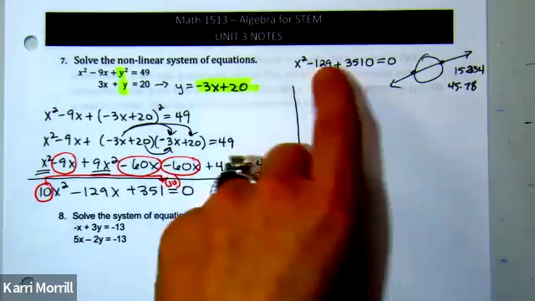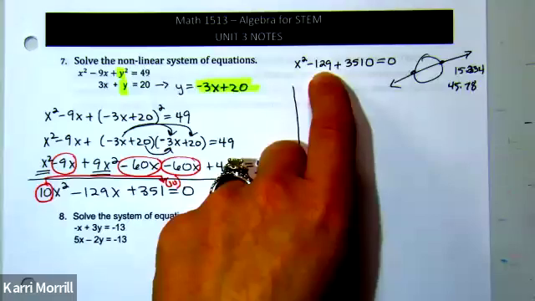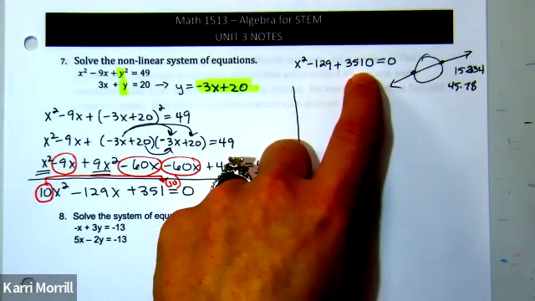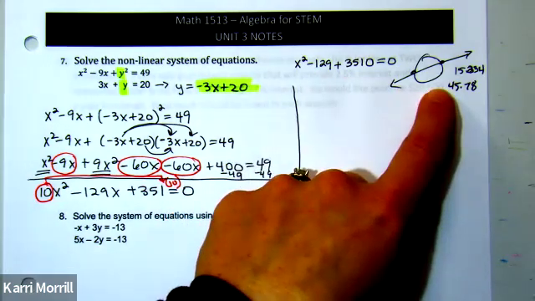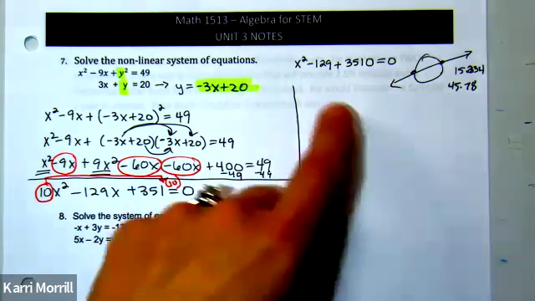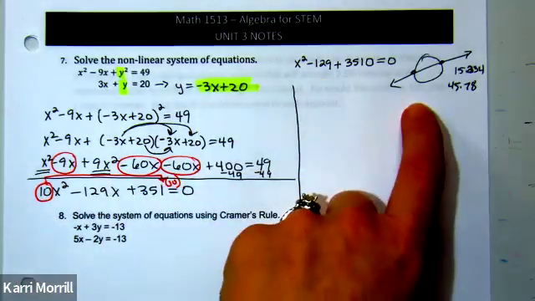Take some time. Let's think about numbers that make 129. I'm actually used to doing this one more like trial and error.